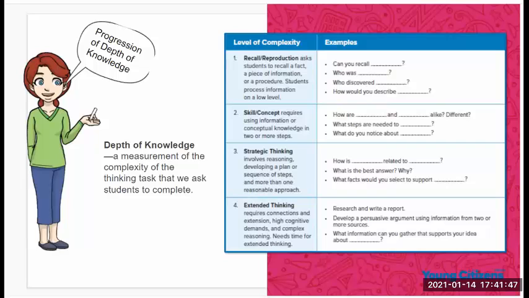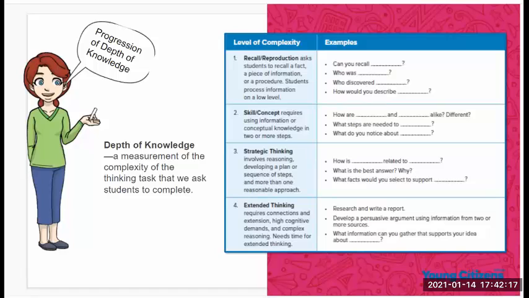A level 2 is more skill and concept-based. It might require the student to have more conceptual knowledge or two or more steps. So how are two things alike, or how are they different? What steps are needed? Level 3 is strategic thinking, and it involves reasoning, like developing a plan or a sequence of steps.